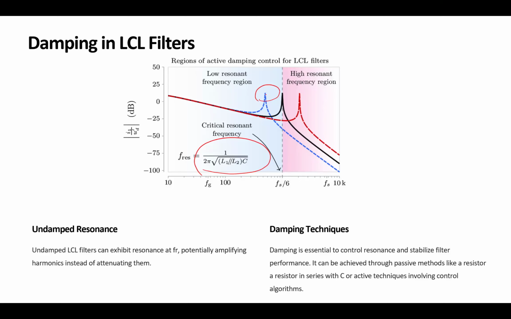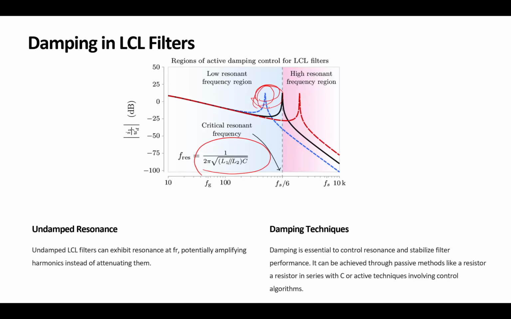So the harmonics that happen in a resonance, the filter does not damp, but actually amplifies those frequencies. So you have to make sure that this resonance frequency would not happen at a critical point where you have a harmonic. This is one of the threats of the LCL filter. The concept is the same as LC, but this is one of the big differences between the LCL and LC filters.